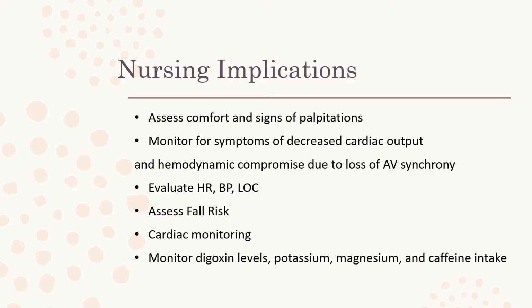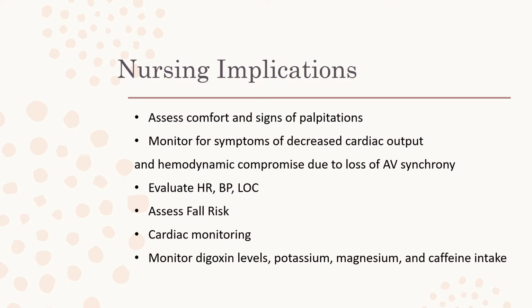The nursing implications of junctional rhythms: you need to assess comfort and signs of palpitations, any symptoms of decreased cardiac output, and hemodynamic compromise due to loss of the AV synchrony that I just talked about. Evaluate their heart rate and blood pressure.